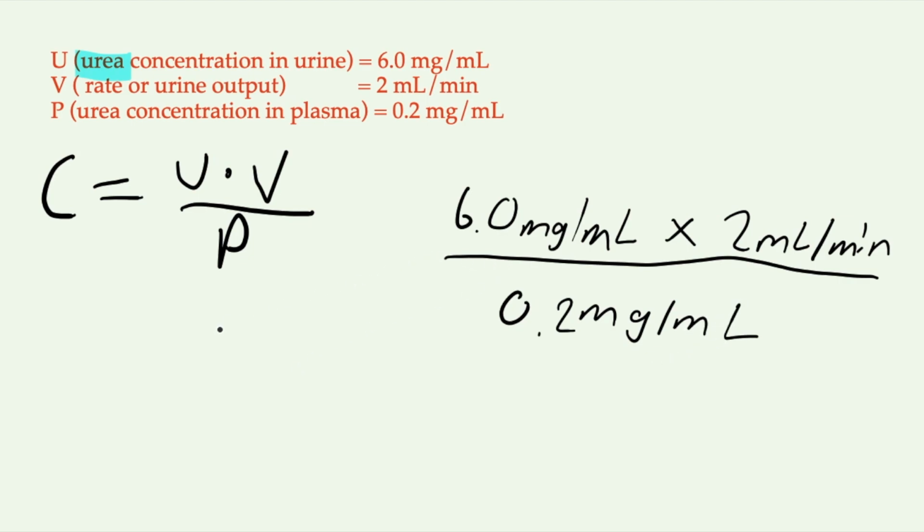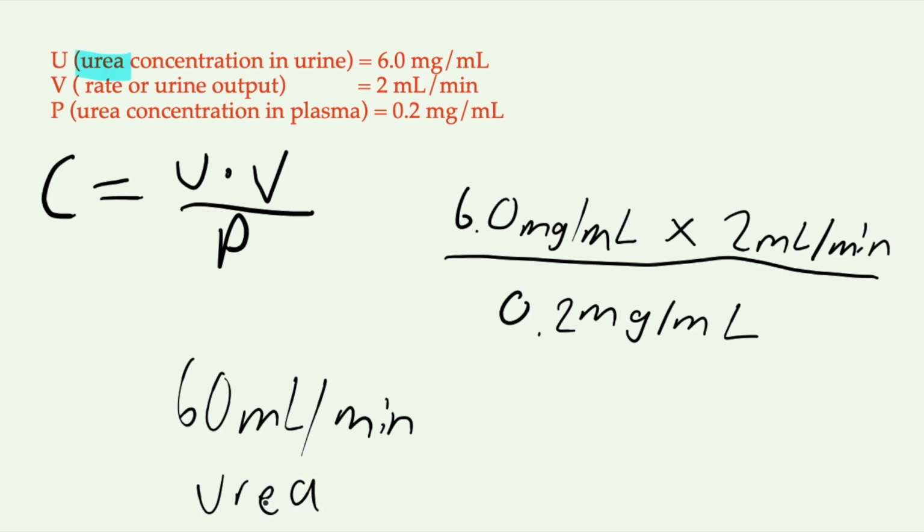So we multiply 6 times 2 and divide that by 0.2, which equals 60 milliliters per minute. And that is the renal clearance of urea for a healthy person.